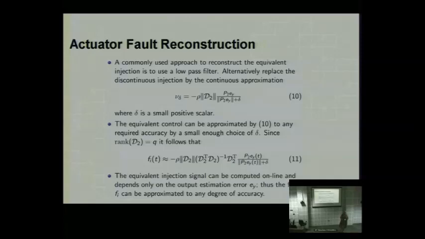So don't be worried or confused when you read things about unknown input observers or fault detection and isolation around actuator faults. Mathematically, as we've just seen, they're exactly the same thing. Okay? So the sliding mode observer we could have called an unknown input observer.